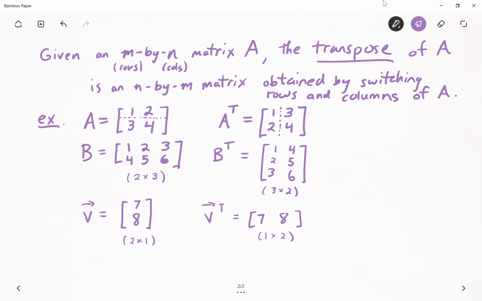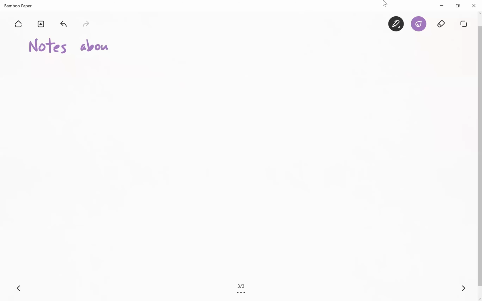A few things we should observe about the transpose. So let's talk about a few notes regarding transposes. The first is if you take a matrix, you calculate its transpose, and then you calculate its transpose again, you get the original matrix.